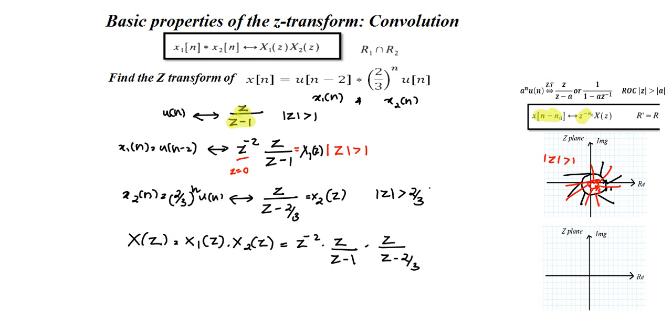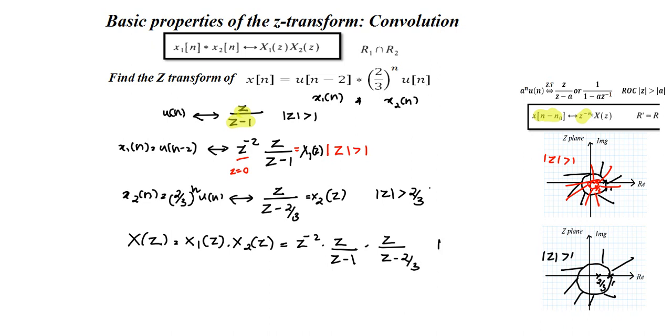So I can write the final ROC like this: one point is here, one point is here, 2 by 3, and both signals converge for modulus of z greater than 1. So the ROC of the combined signal is modulus of z greater than 1.